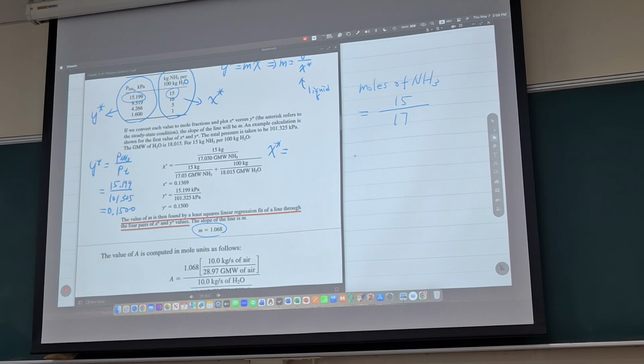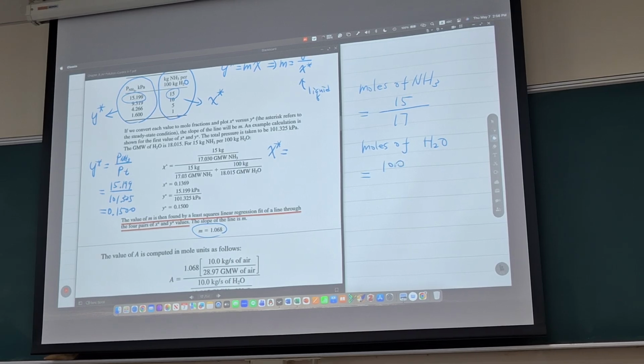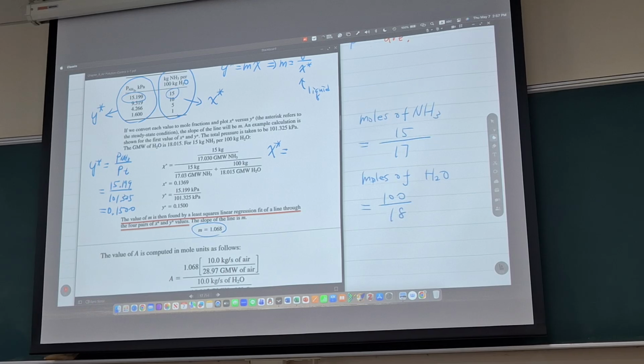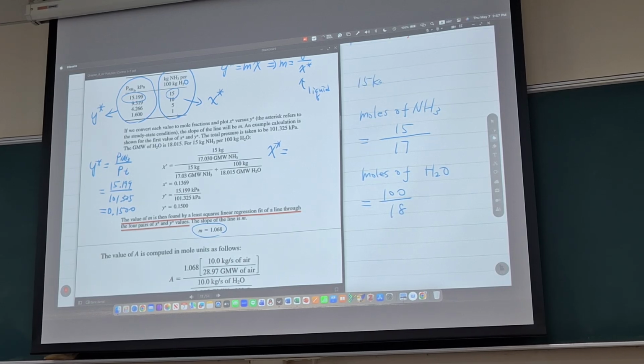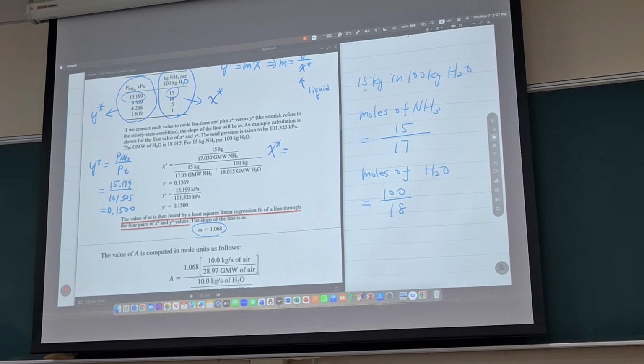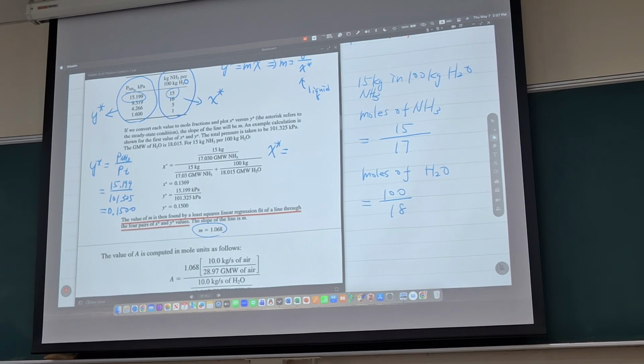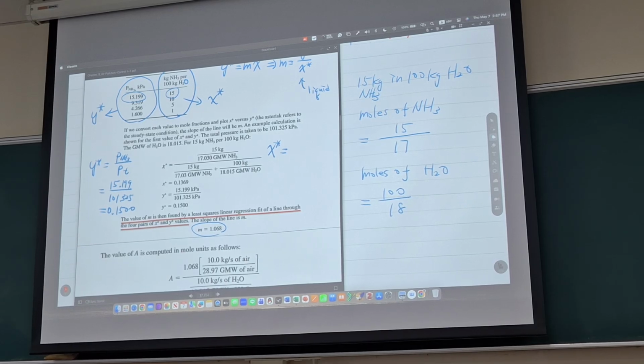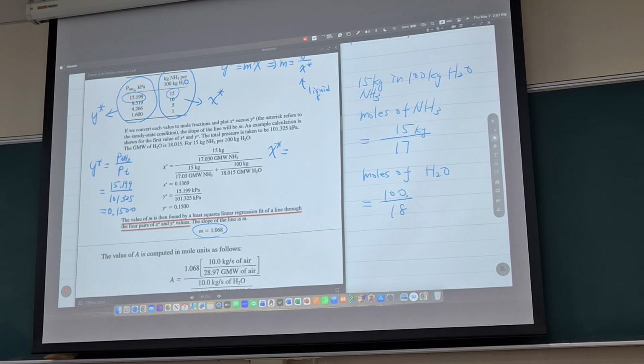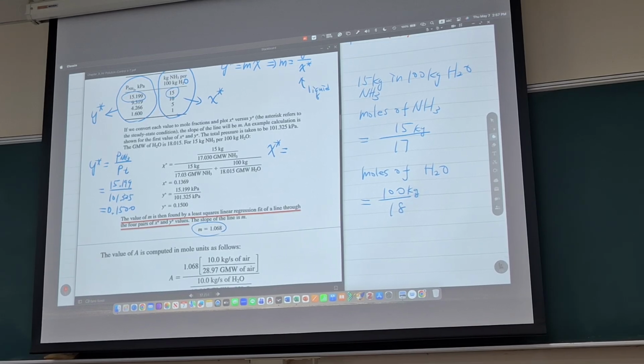And moles of water equals 100 over, because 100 kilogram, right? So it's 100 over 18. Okay, so it's 15 kilogram ammonia in 100 kilogram water.